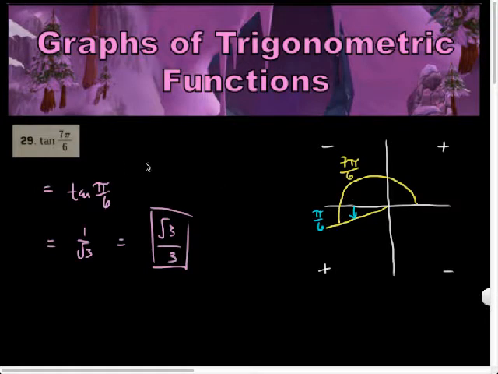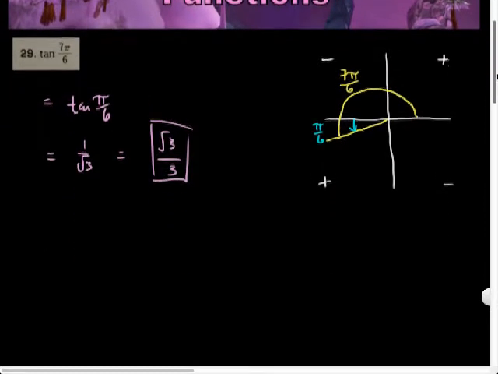Now what I want to point out is if I wanted to convert 7 pi over 6 to degrees instead of radians, do you guys remember how I'd convert it? What would I multiply this by to convert to degrees?